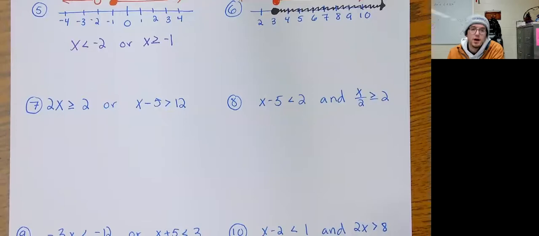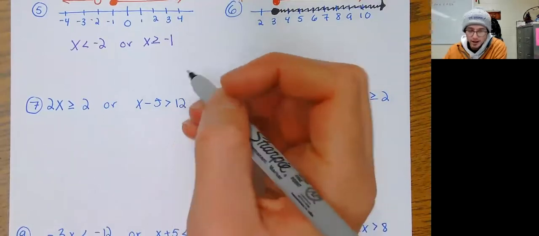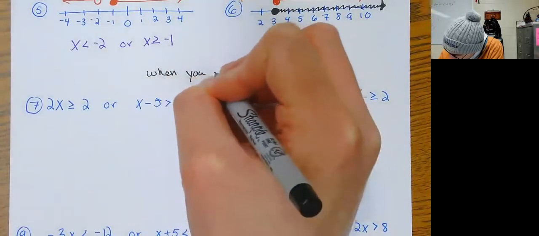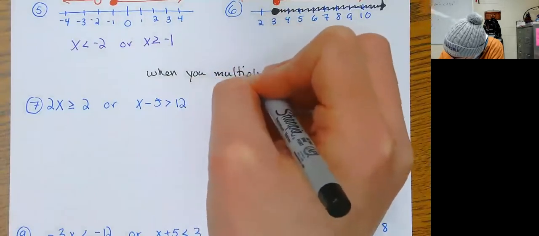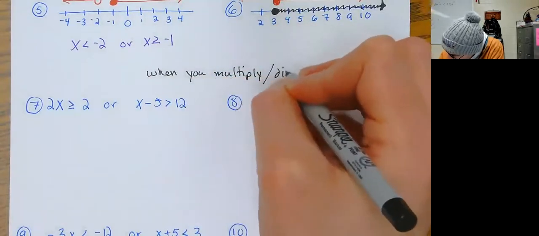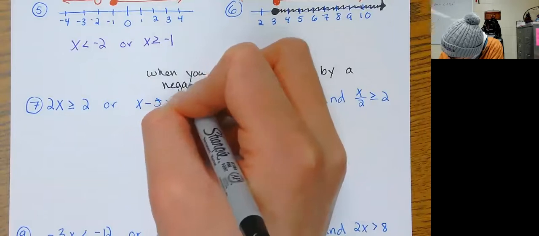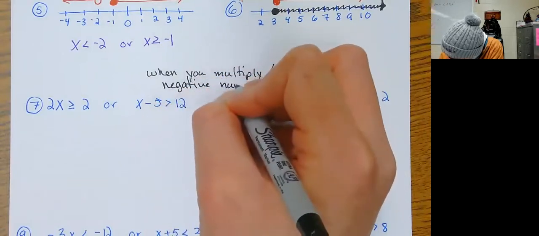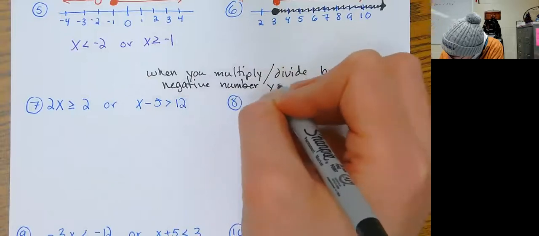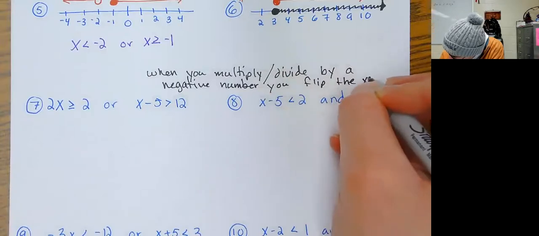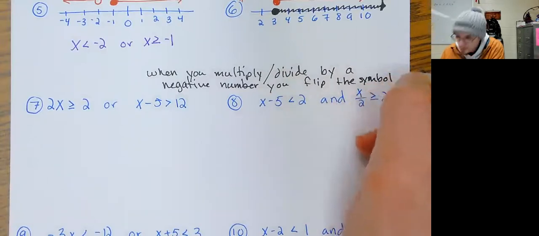There's one single difference when solving an inequality versus an equation with an equal sign, and that is when you multiply or divide by a negative number, you flip the symbol.